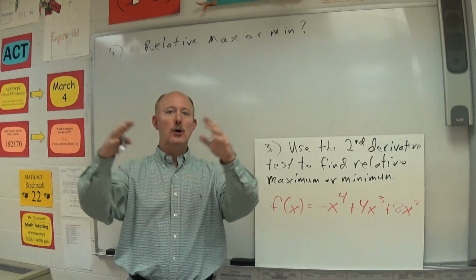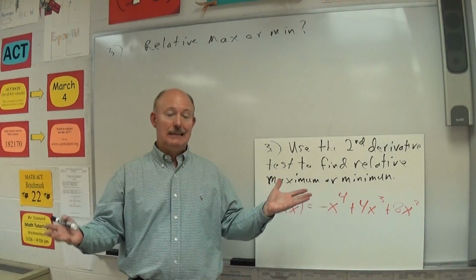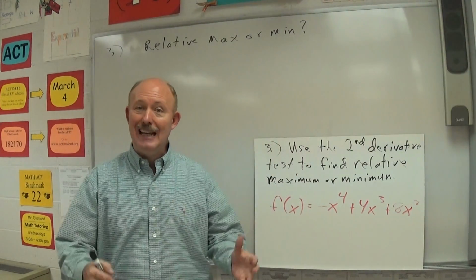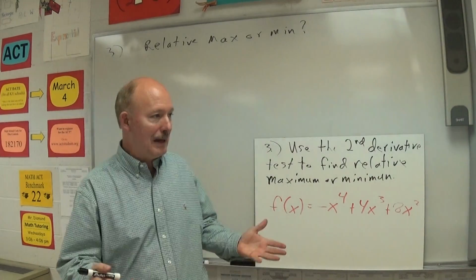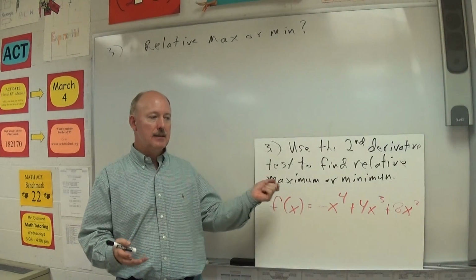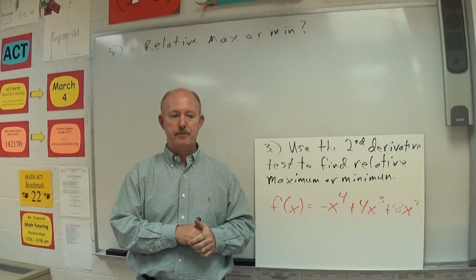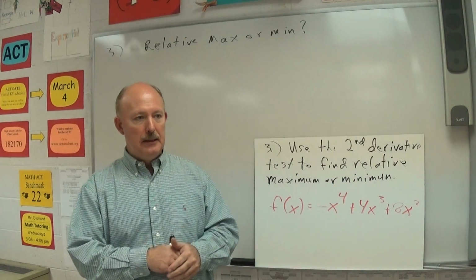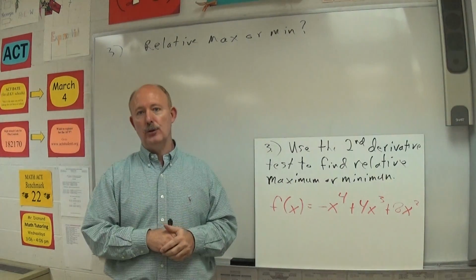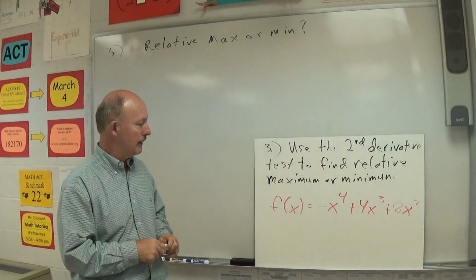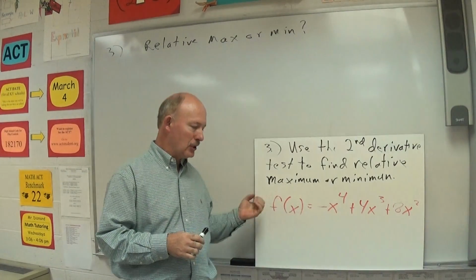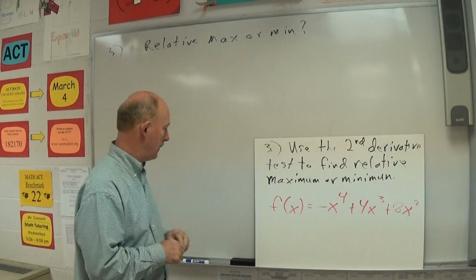But if it's going to take you a long time to get the second derivative, then you might as well go ahead and use the first derivative test. Because you basically have to do everything that the first derivative test does, and then you've got to get the second derivative too. So like I said, if you can quickly get that second derivative, it's not too bad.